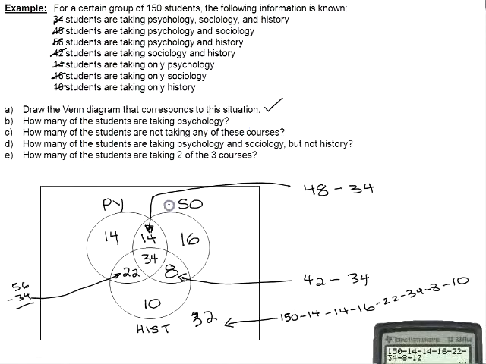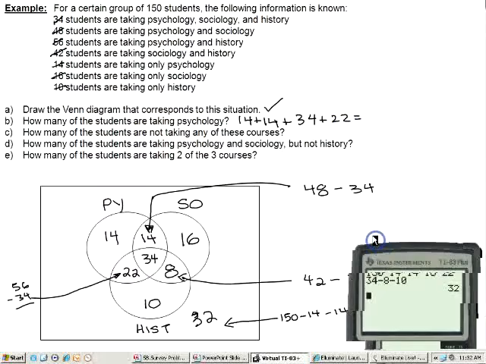Question B is, how many of the students are taking psychology? Well, to figure out how many students are taking psychology, we need to add up all of the regions that make up the psychology circle. So that's going to be 14 plus 14 plus 34 plus 22. That'll give us the total number of psychology students.